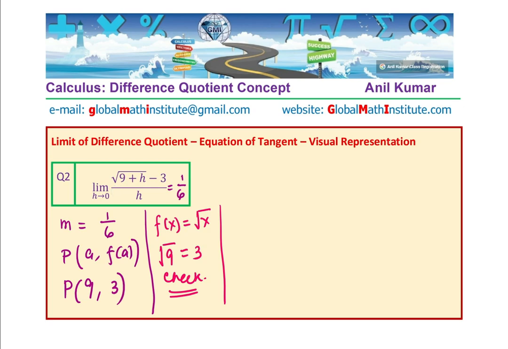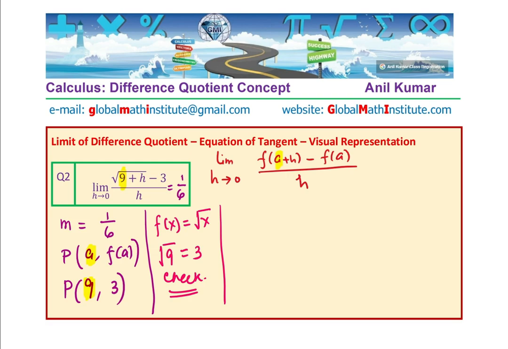Okay. So let's now find the equation of the tangent line. How did I get that? Let me once again give you the complete formula. The general formula is the limit as h approaches 0 of f(a plus h) minus f(a), over h. The value of a is the x value, which is 9 here. You can compare it straight away.